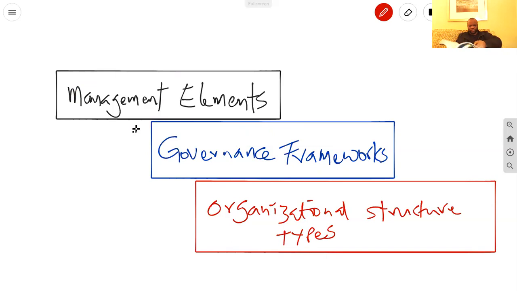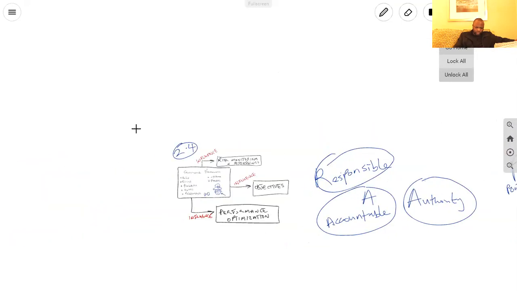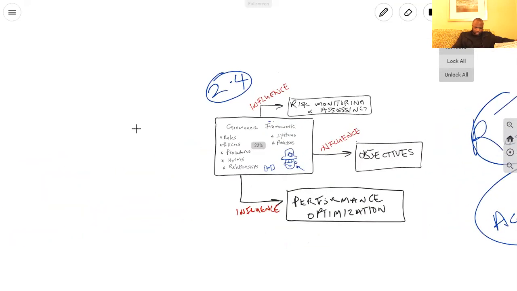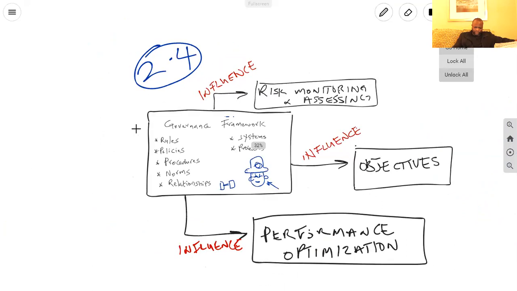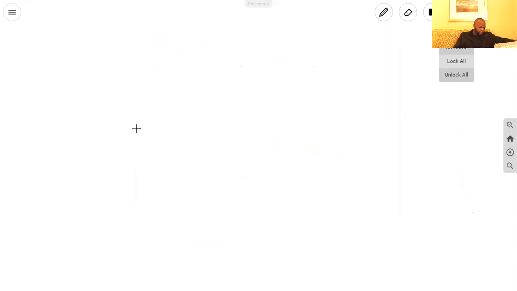So let me show you where this is. Okay. Management elements. If you follow me to page 44, we can break these down the same way we broke down governance frameworks. So we're going to use a similar breakdown. See, that's your governance framework right there, right? Now, what do you need to know about management elements?